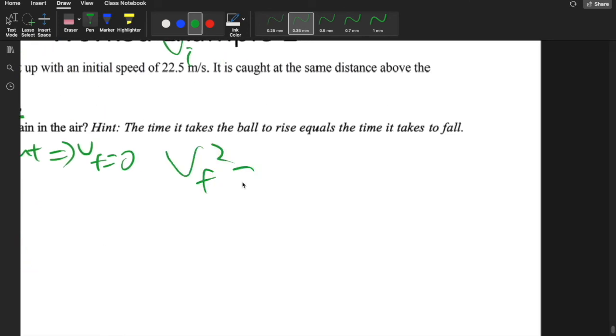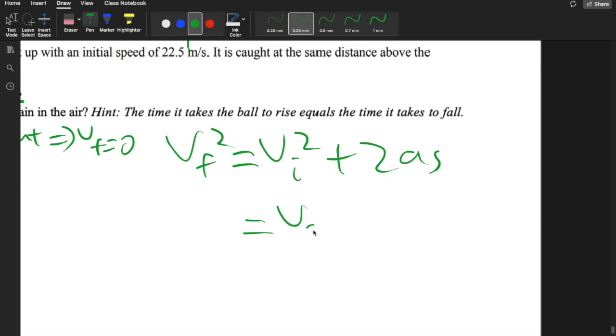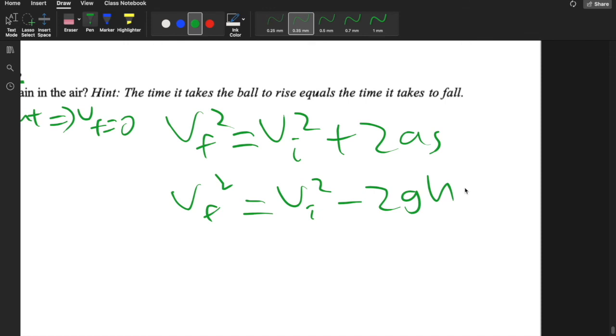Well, this can be a very super helpful equation, right? Negative sign because acceleration is a negative number, and I use h to represent the displacement in this question.